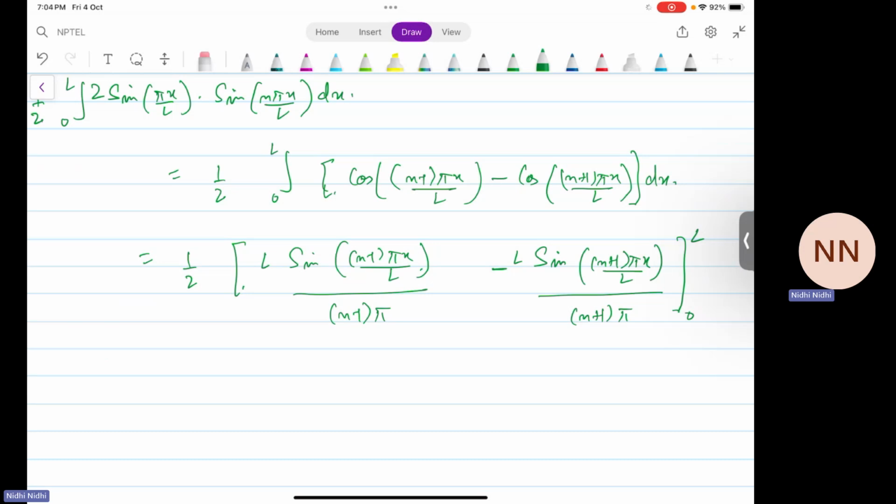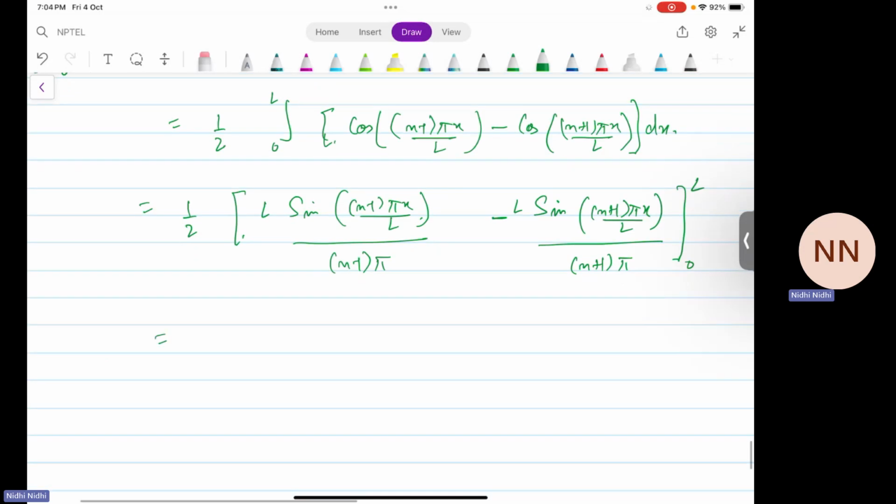Now since sin of some integer times pi, sin k pi, is equal to 0 for every integer k, we have this equal to 0.